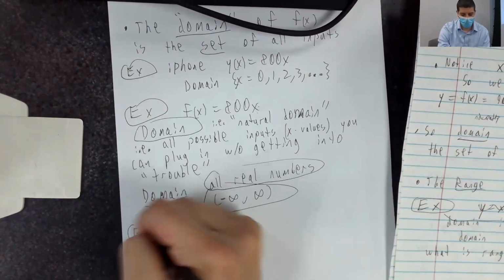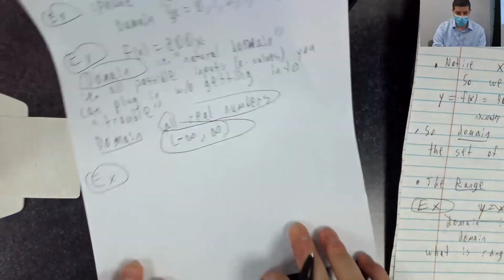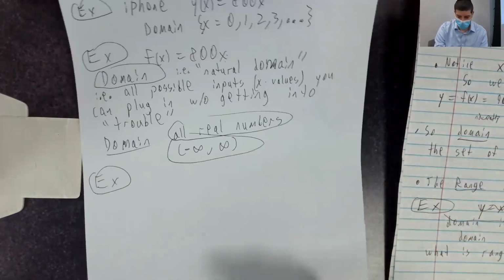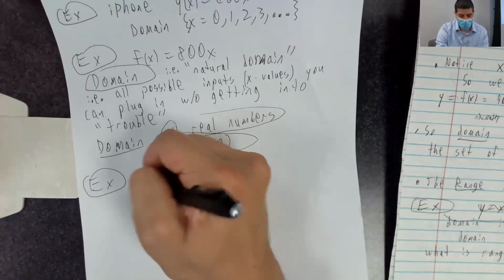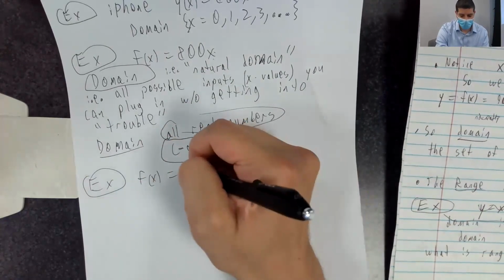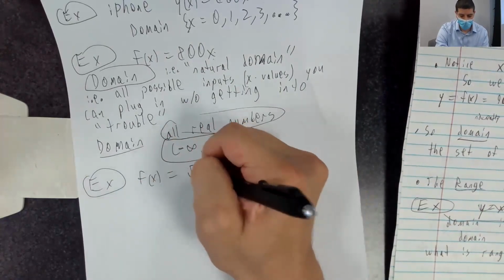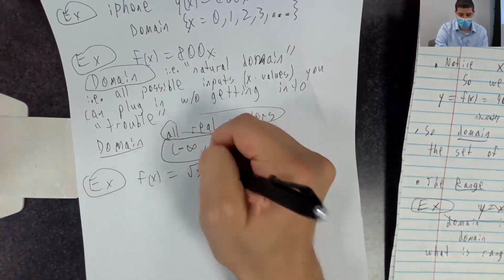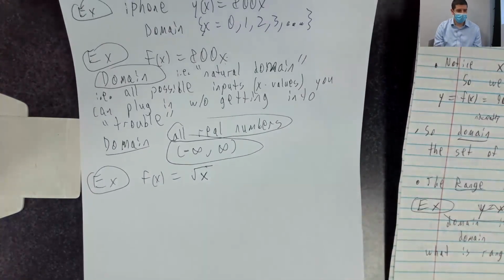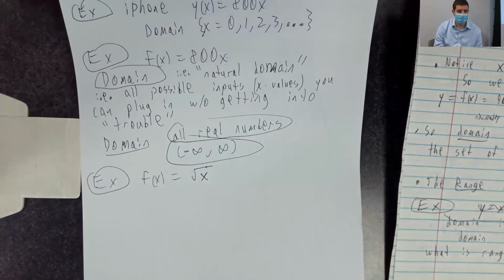Okay, so when will we have trouble? Let's see, what are the ways we could have trouble? F of X is equal to, let's say, radical X. Now we have to go back in our minds to pre-calculus, to algebra. We learned radicals at some point. What's radical 0? Can I plug in 0?